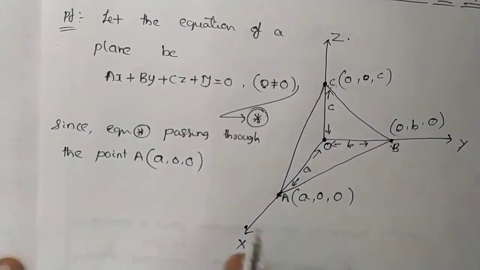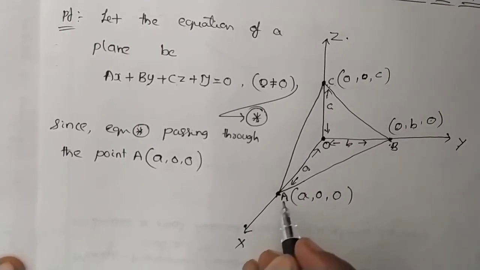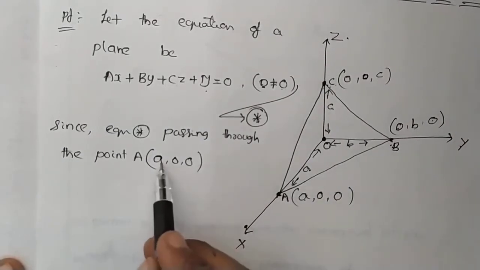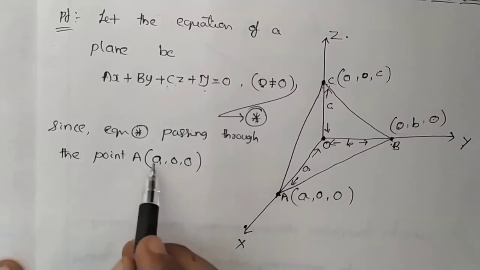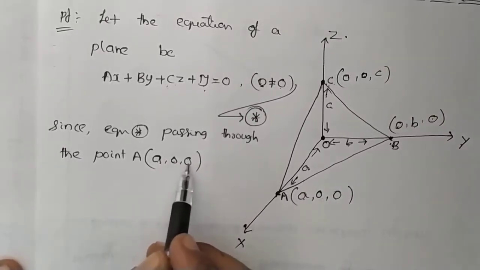Now if it is passing through the point A, that means we have to substitute this point in this equation. This will be x, y, z: in place of x, A; in place of y, 0; in place of z, 0.